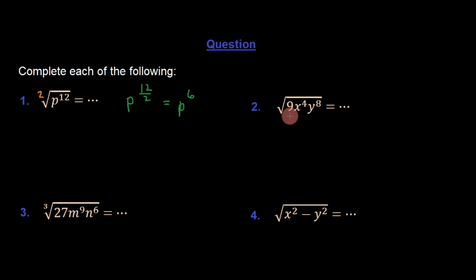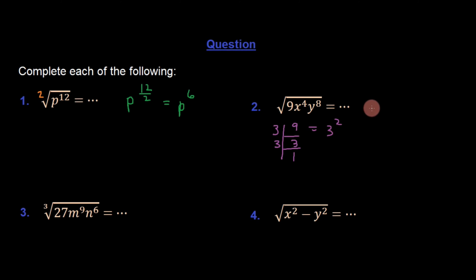Here we have the square root of 9x to the 4, y to the 8. We can first find prime factors of 9. The smallest number into 9 is 3, and it goes thrice. The smallest number into 3, 3, and it goes once. So we know that 9 can be written as 3 squared.